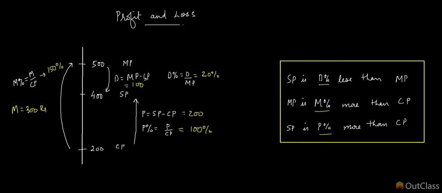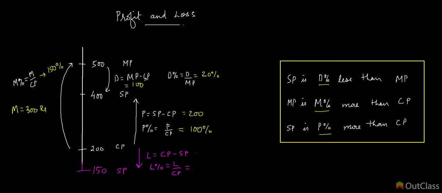And we also have to talk about what happens if you're forced to sell at a price lower than your cost price. That happens sometimes. Let's say things weren't selling that well at the price that you initially put. You might offer further discounts or a sale. Let's say you sold it for 150 rupees, which is less than the cost price of 200, in which case you will have a loss. That is, again, the numerical difference between CP and SP, but when CP is higher, you will say CP minus SP as opposed to SP minus CP, and then that as a percentage of your cost price is your loss percent.